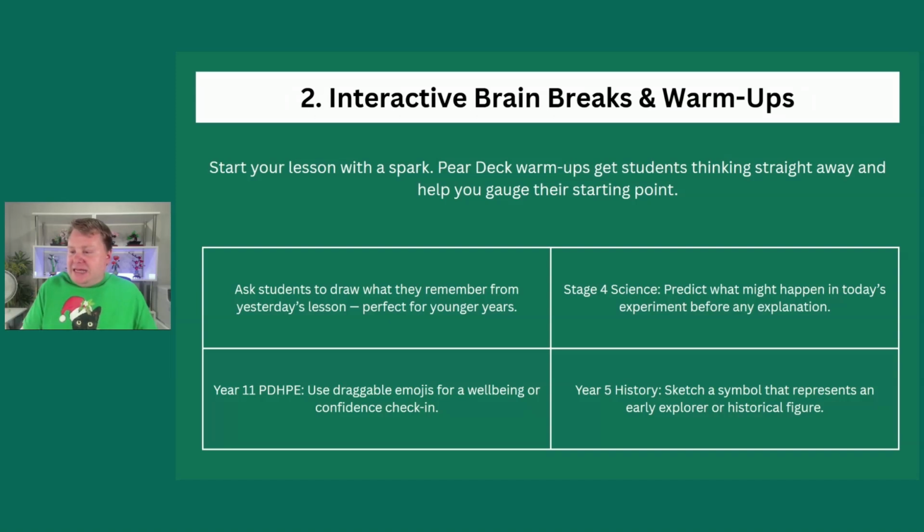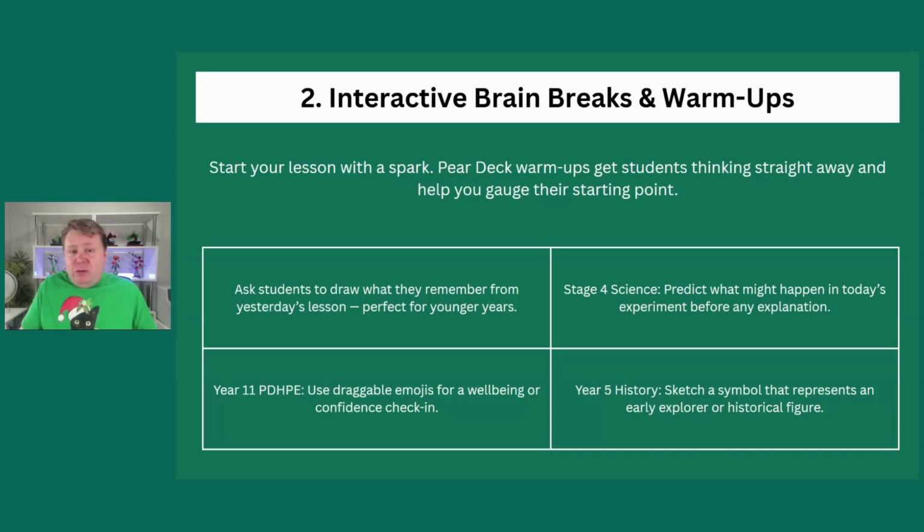All right, our last example here is maybe you've got a year 5 history, or some kind of humanities subject in your class. Maybe you ask your students to sketch a symbol that represents an early explorer or historical figure. Maybe a compass, maybe an atlas, maybe some kind of globe, a map. It might be some kind of knick-knack. Who knows what it is? It could be anything related to an explorer or historical figure that you might be studying.